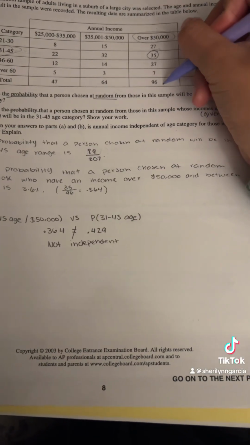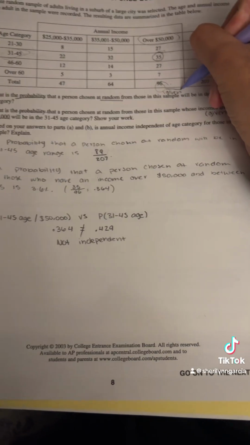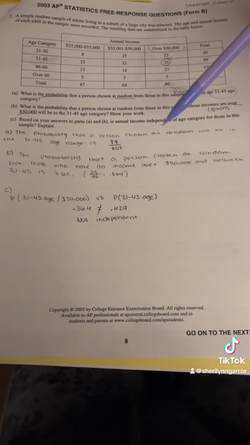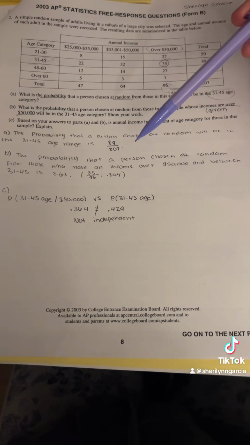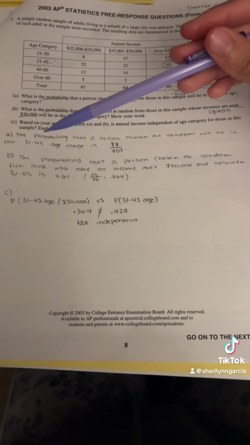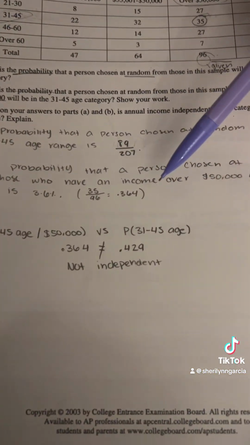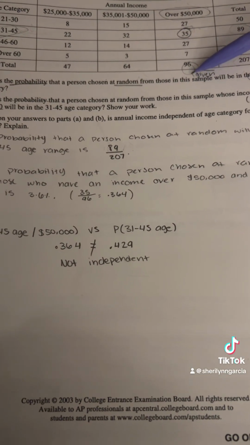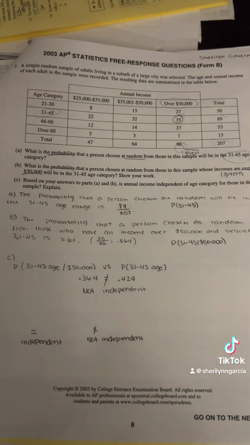Remember, given always goes in the bottom. So for B, I said the probability that a person chosen at random from those who have an income over $50,000 and between 31 to 45 is 3.6%. And in parentheses, you have to show your work. So I did 35 over 96, and I showed my work there. Okay, so that's how you do those ones.